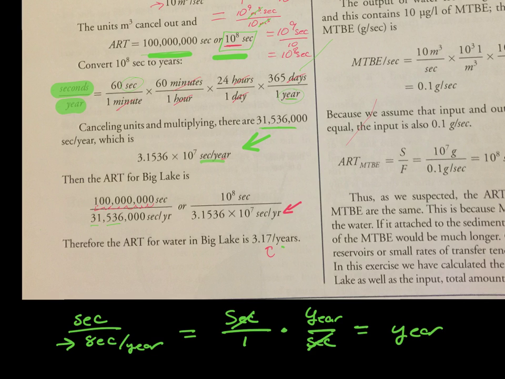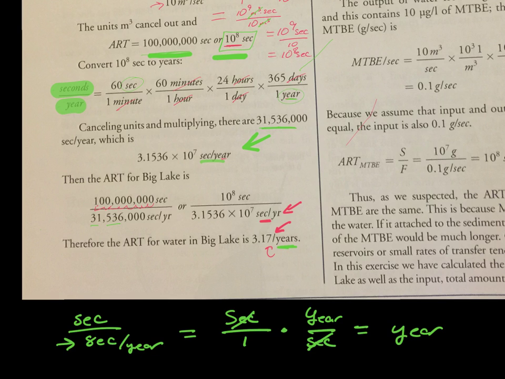And that's what you end up with here. That's what bothers me about this thing here. This line should not be there. That's a mistake in my opinion. So when you invert and multiply, you end up with 3.17, because the 10 to the 7th and 10 to the 8th cancel each other out. So you end up with 3.17 years.